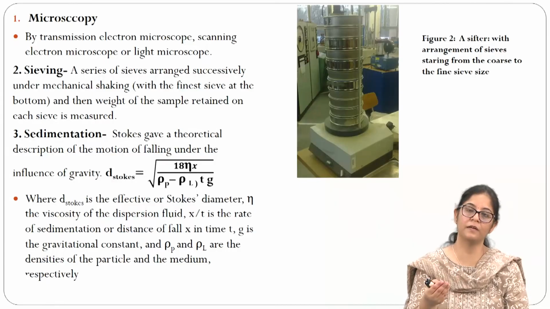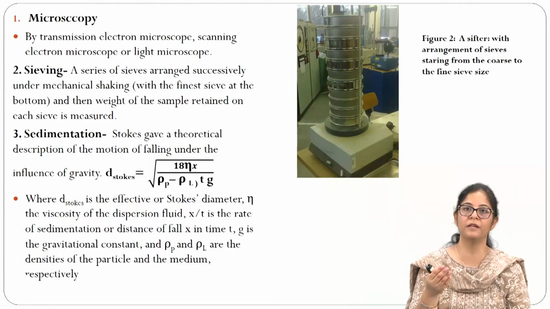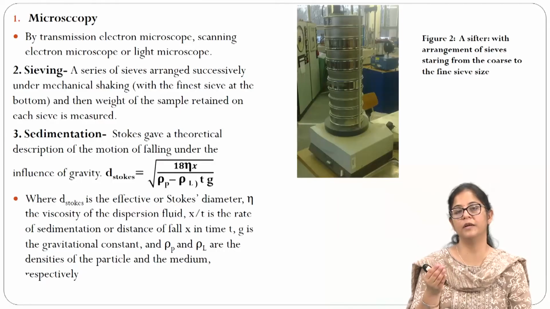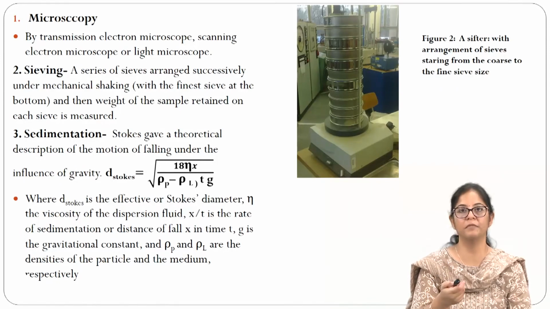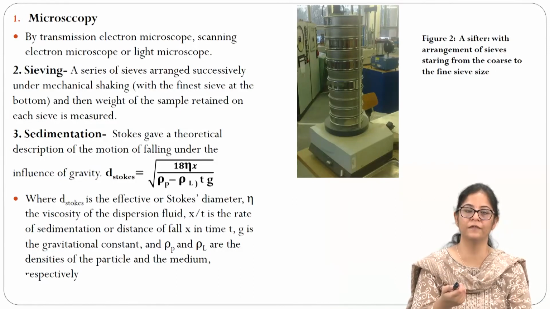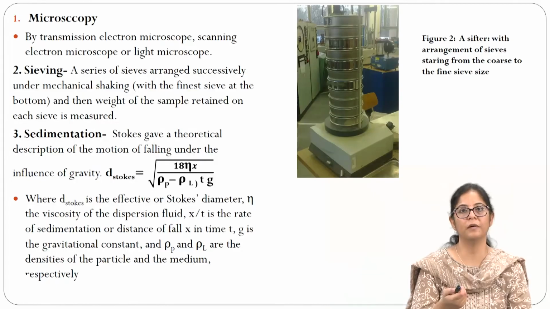G is known, that is the gravitational constant, and the difference in the density of the particle and the medium, which is also known, is put in the specific formula, and the diameter of the particle can be measured. So this is based on the rate of sedimentation of the particles.